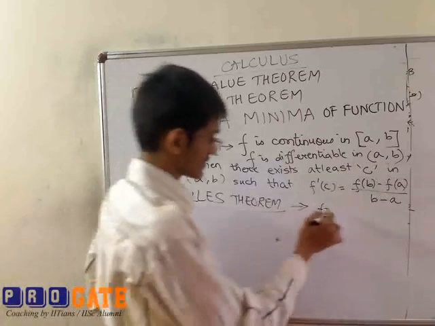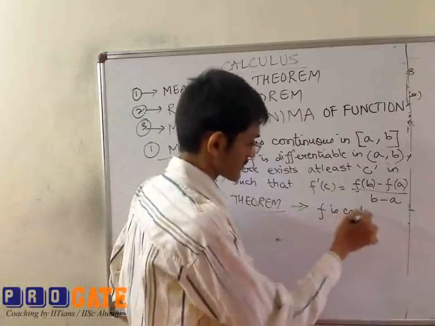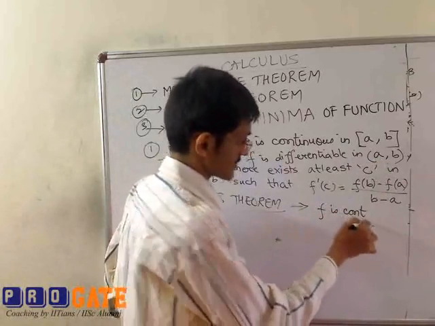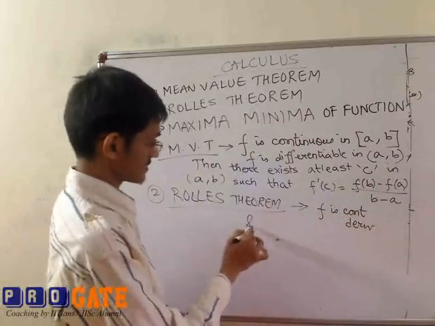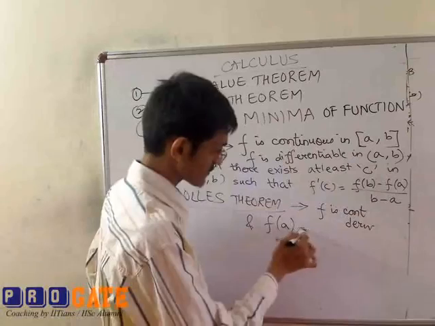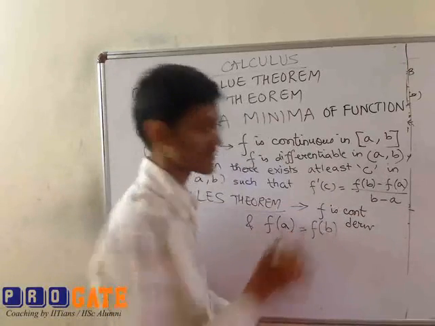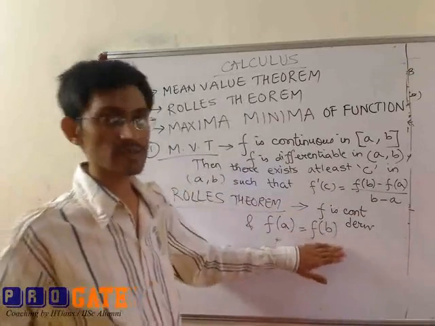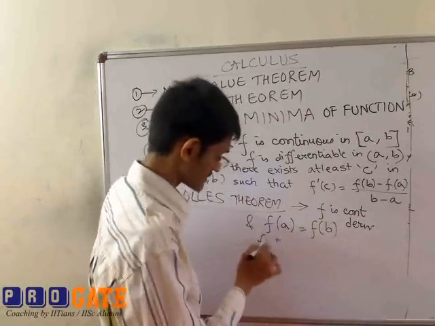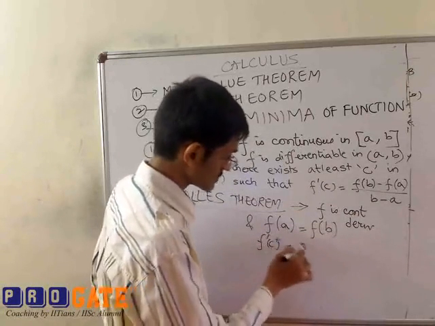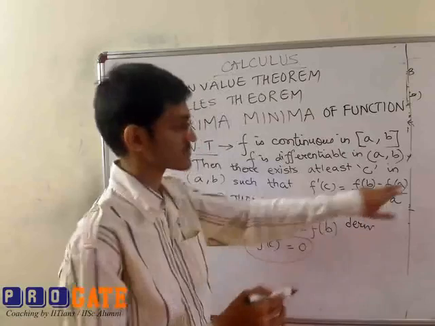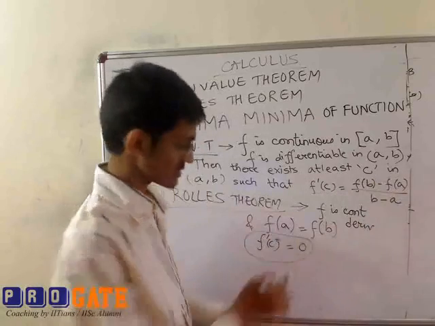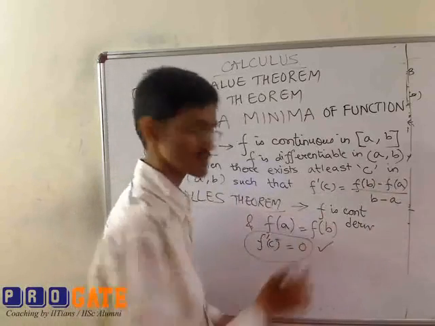Then one more condition is f of a is equal to f of b. If f of a is equal to f of b, then f dash c is equal to 0, which you can get by putting in the mean value theorem.